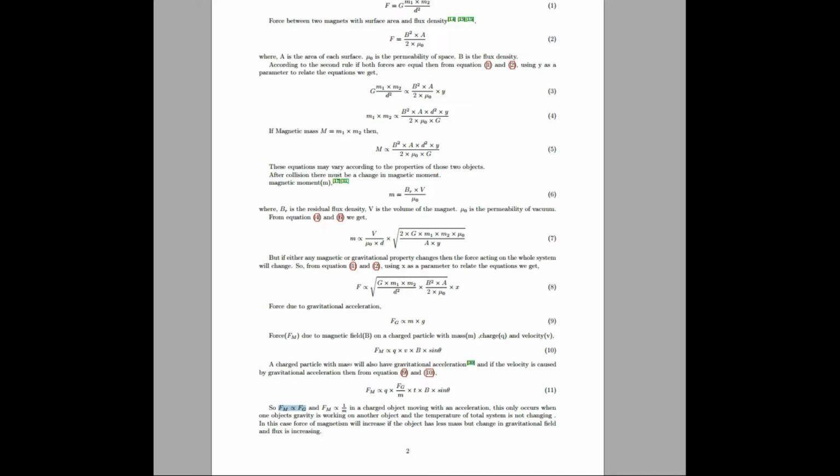Even neutral objects like neutrons have magnetic fields, so they're going to interact with the magnetic field for the velocity, and that's how they're going to end up causing a change in the magnetic field.